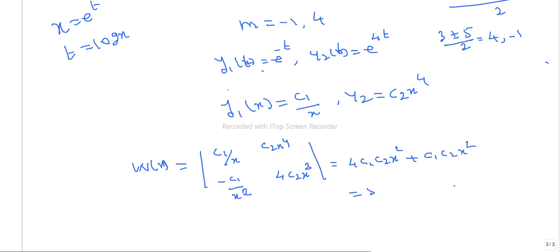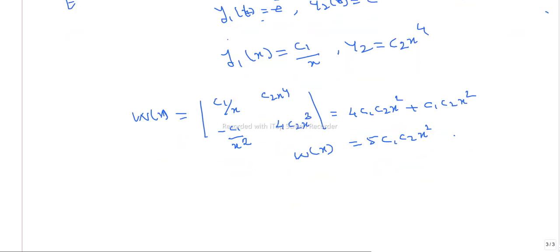Therefore we have 5 c1 c2 x square. This is w of x, and given that w of 1 equals 1, substituting x equal to 1 we have 5 c1 c2 equal to 1.